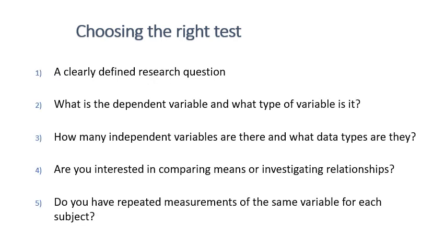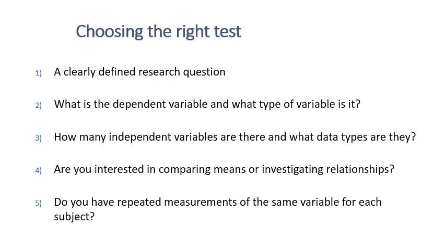Choosing the right test would have to take a look at the basics of the research, and that is the research question, because it would tell how you are going to address that question through the use of the appropriate statistical test.